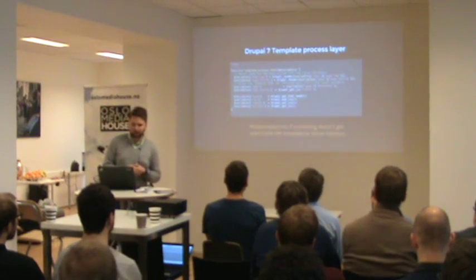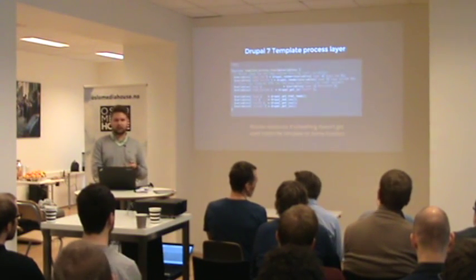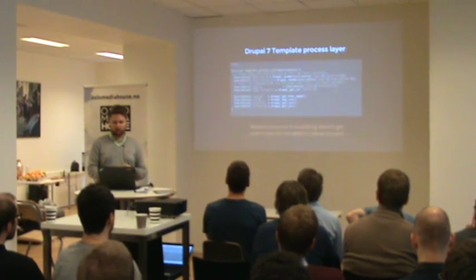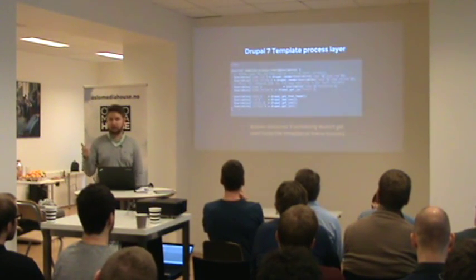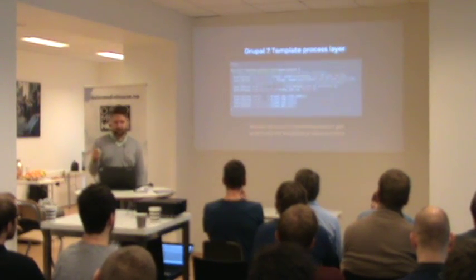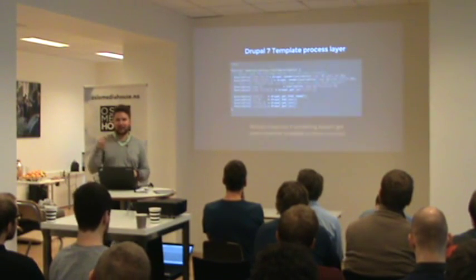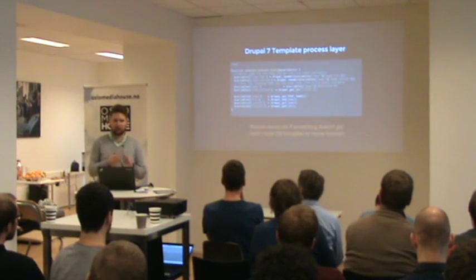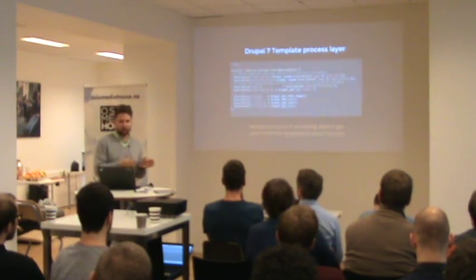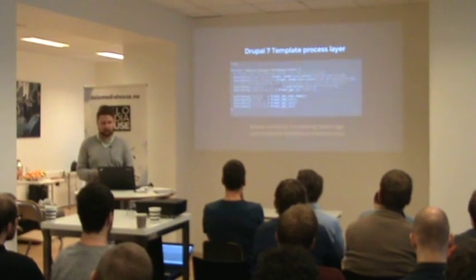So let's say in template_process, actually, what it does is it implodes the classes arrays into just a classes variable and makes the array into a string so that it can be used in the template easily.